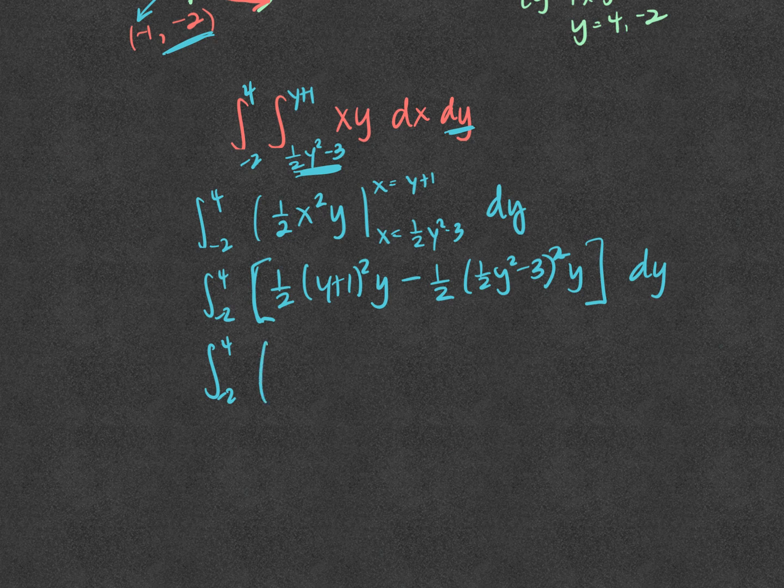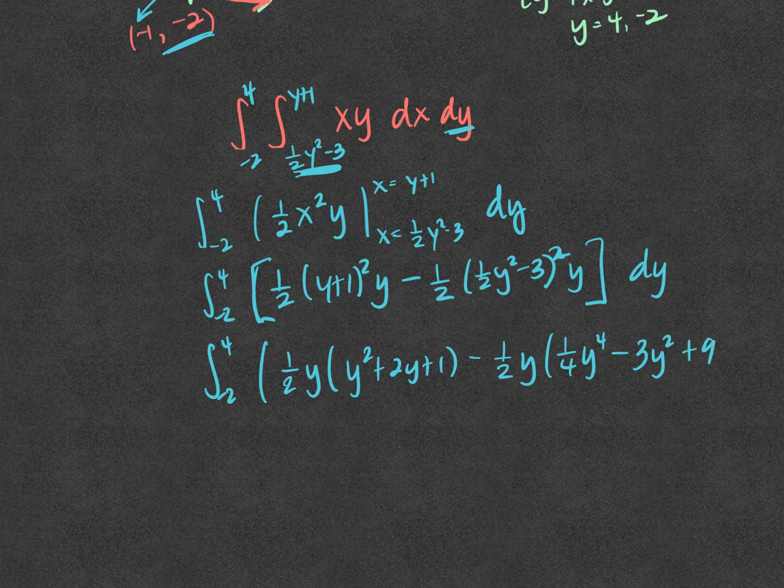It's just tedious. So I'm going to say 1/2 y and bring that y to the front. y squared plus 2y plus 1. Remember, write it twice and do FOIL. Minus 1/2 y. We could have kept the 1/2 y out front. Maybe we'll do that anyway. 1/2 y squared becomes 1/4 y to the 4th. Minus 3 over 2, which is -6 over 2, is -3y squared, plus 9.